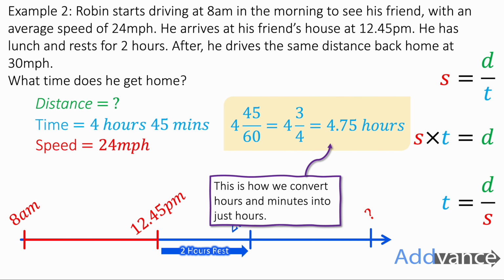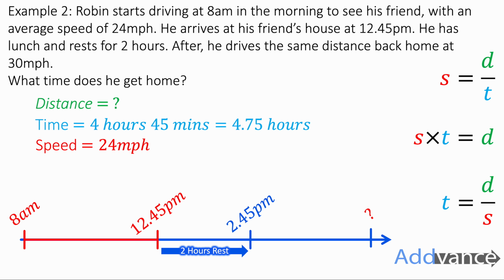which is 4.75 hours. So I typed in 4 and 45/60ths in my calculator. That's 4 3/4, and then converted that to a decimal. That's 4.75 hours. So 4 hours 45 minutes is 4.75 hours. It's important you convert it into a decimal before you start using it in calculations.